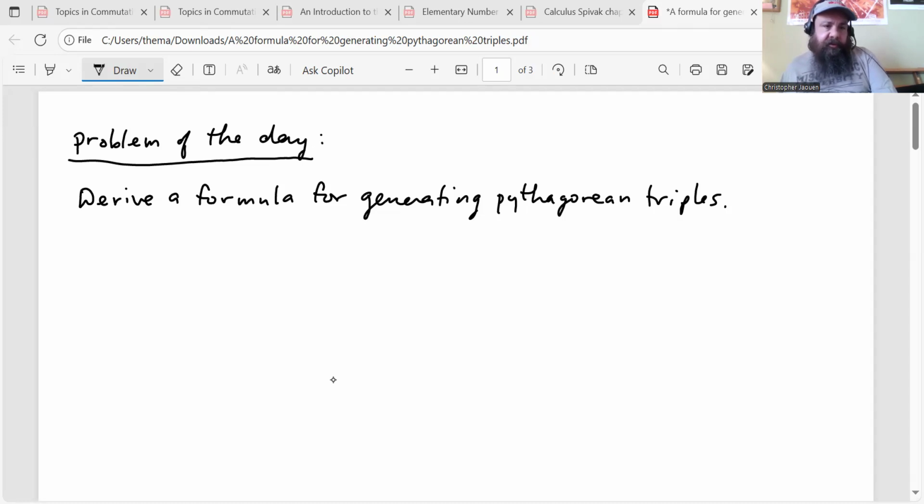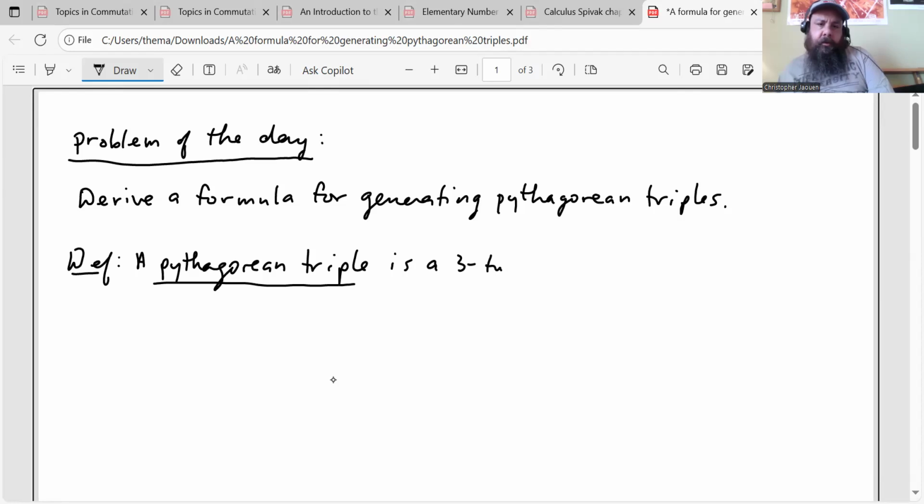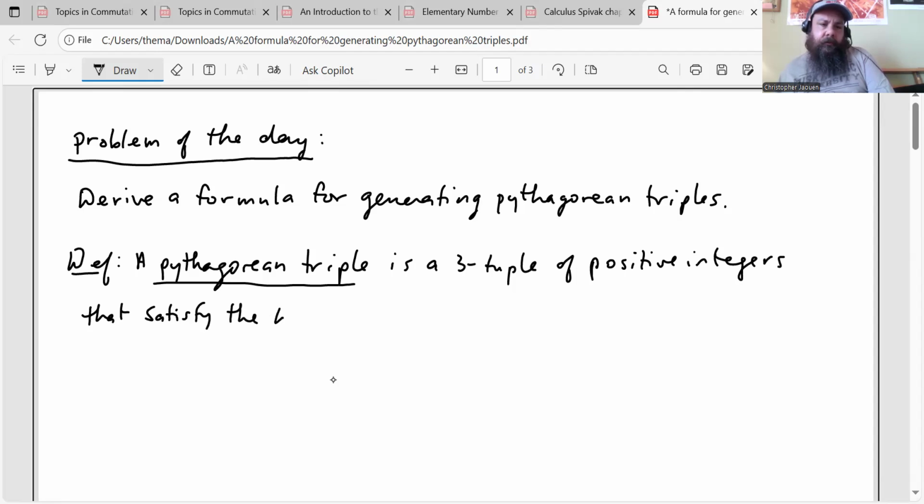So first, let's start with a definition. A Pythagorean triple is a three-tuple of positive integers that satisfy the Diophantine equation x squared plus y squared equals z squared.